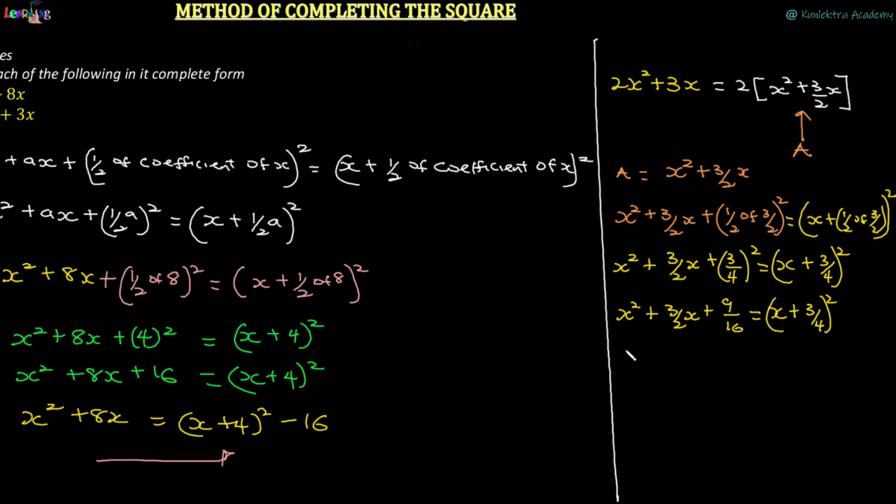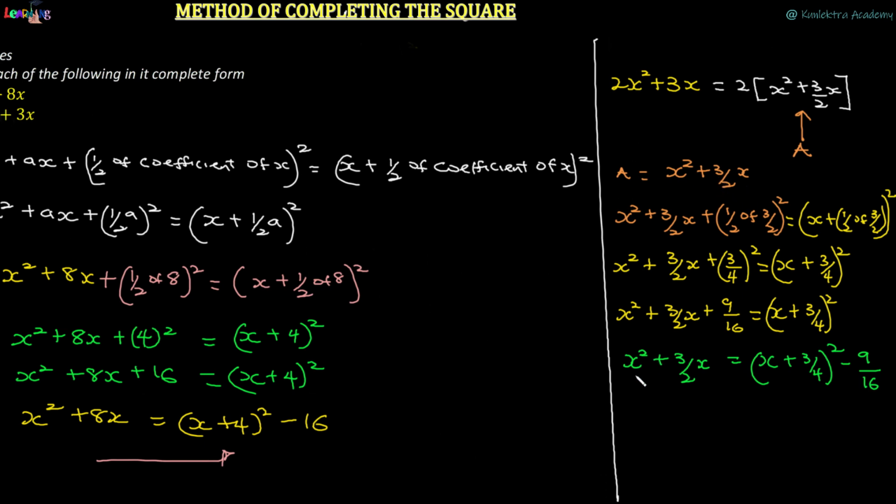Now, we have made it a perfect square. Now you have our value x squared plus 3 over 2 x to be, when factorized, x plus 3 over 4 all squared minus 9 over 16.